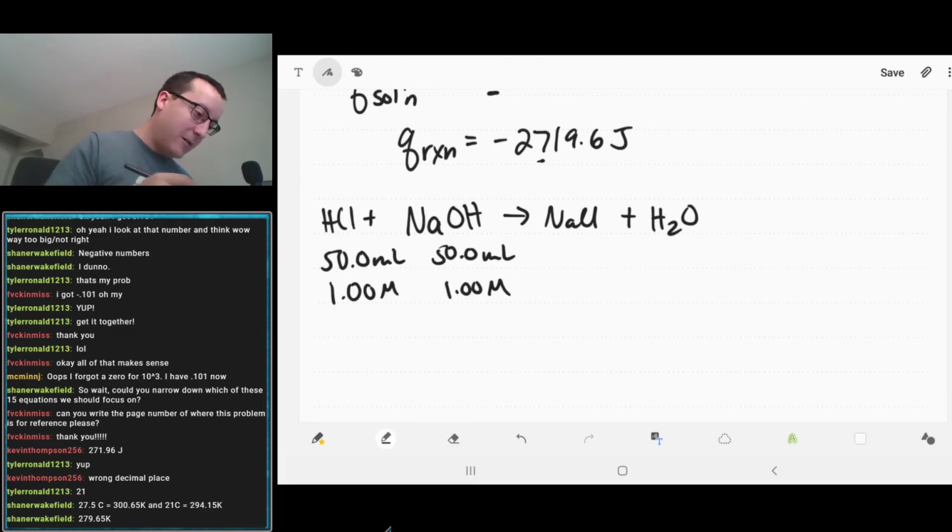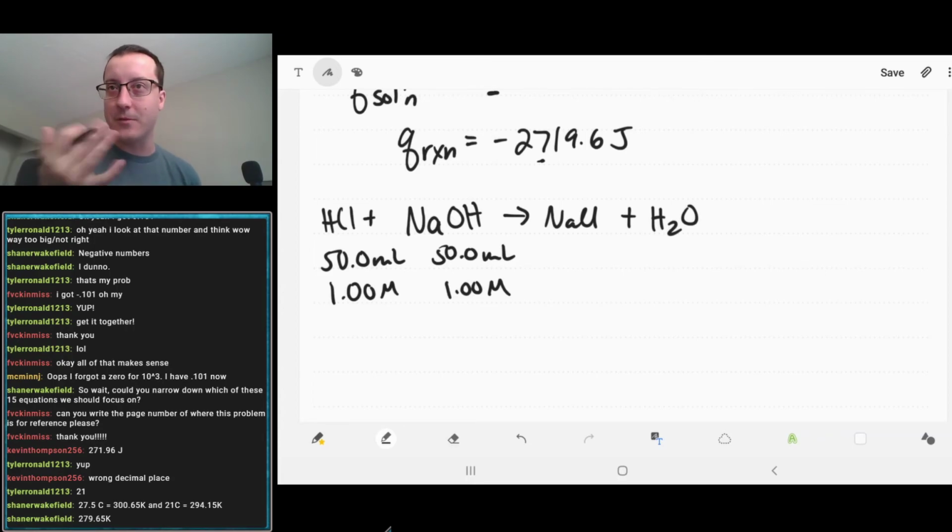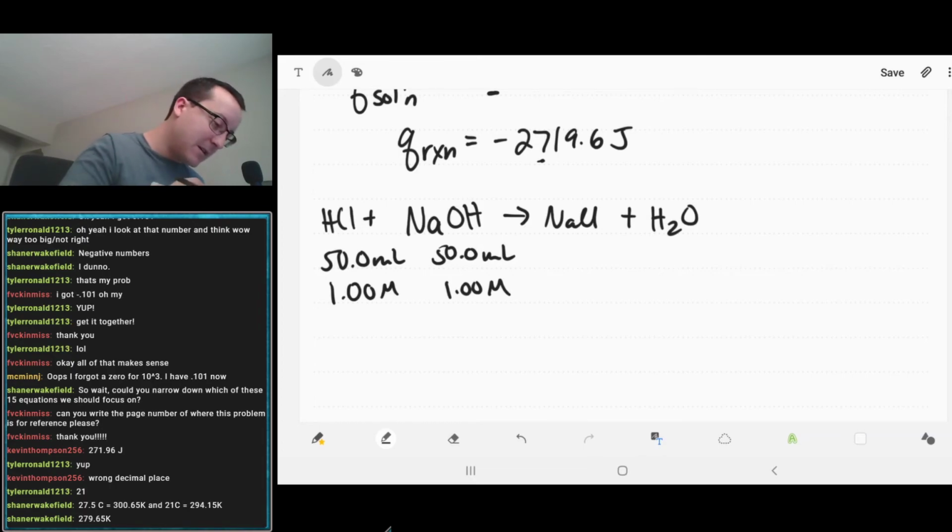So overall, these two are the same, right? The 50 mils and 1 molar of each solution. It doesn't matter which one we use because they're identical. But technically, if they weren't, we might have to do a limiting reactant type problem. Yikes. But for now, they're the same, so we're happy.